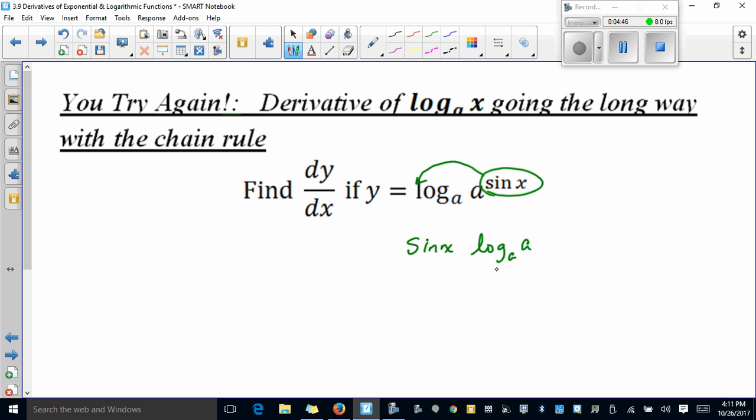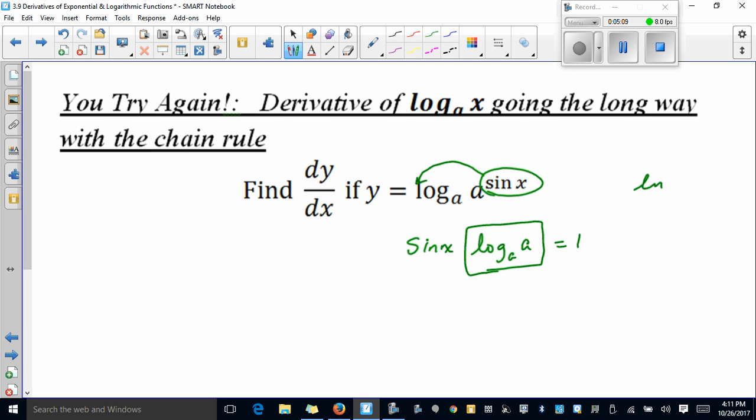Now, this is where I remind you, your logarithms are an exponent. This is how you find exponents if you're missing the exponent. So when you have log base a of a, it's a to what power gives you a? 1, because they're exactly the same. That's why your natural log of e is equal to 1, because the base for natural logs is e.